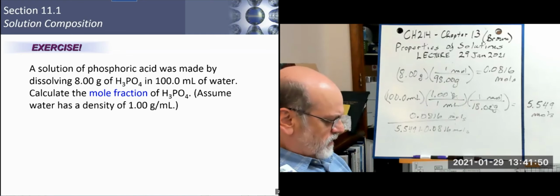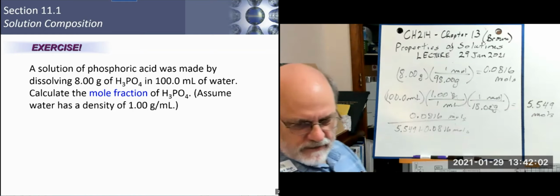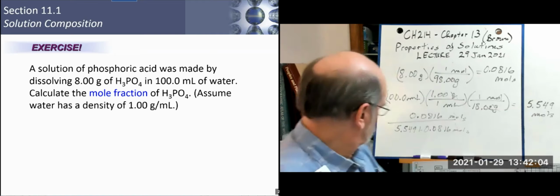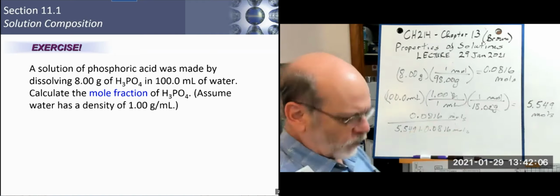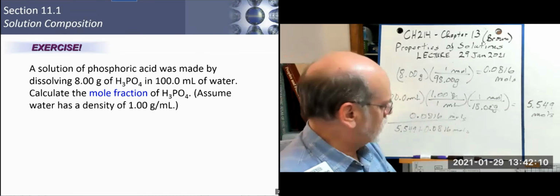Let's see, 0.0816, and add that to 5.549, and then divide. So I get, let's see, 3 significant figures.